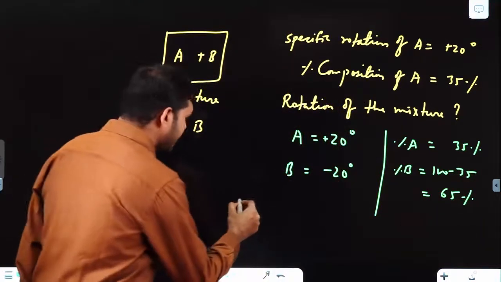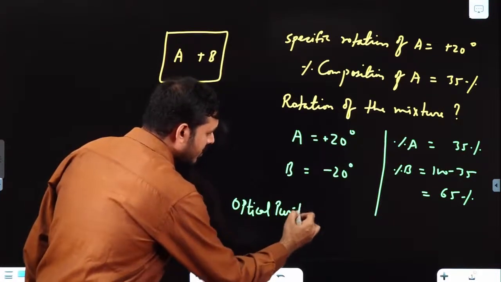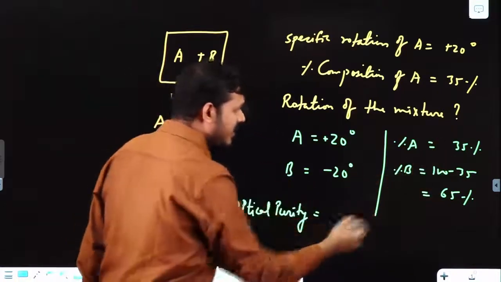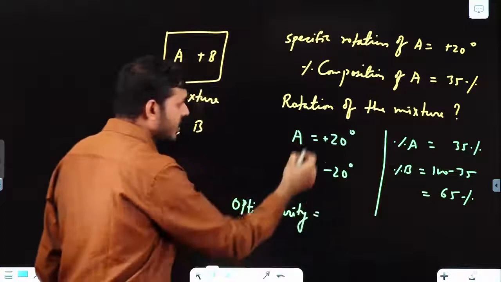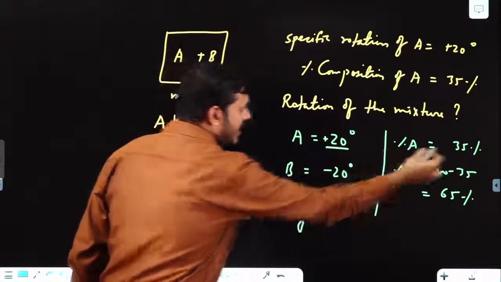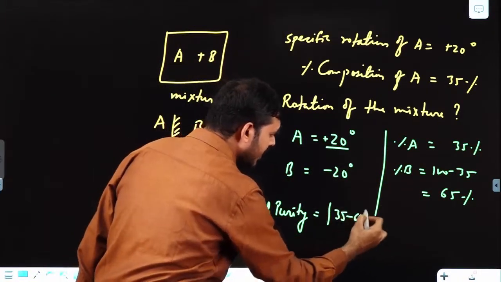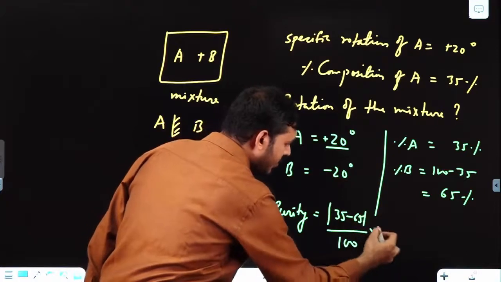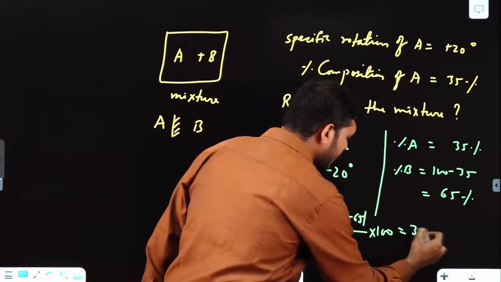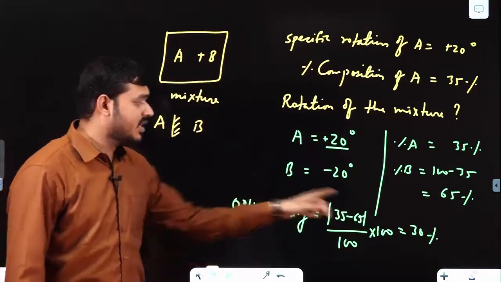Now let's check optical purity. B minus A, this is D form or L form. If I say D minus L, then mod of 35 minus 65 with respect to total, into 100. What I get is 30%, which means you have 30% pure form of B.